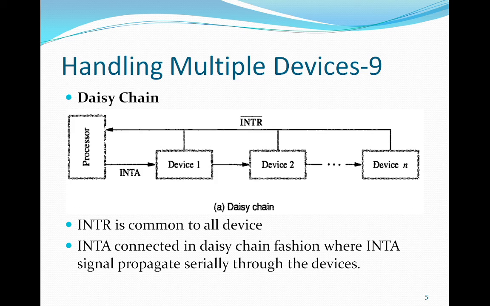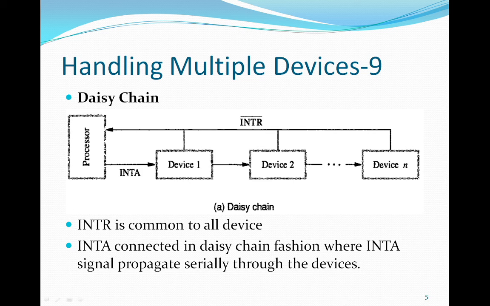When vectored interrupts are used, we must ensure that only one device is selected to send its interrupt vector code. Here, a widely used scheme is to connect the devices to form a daisy chain.